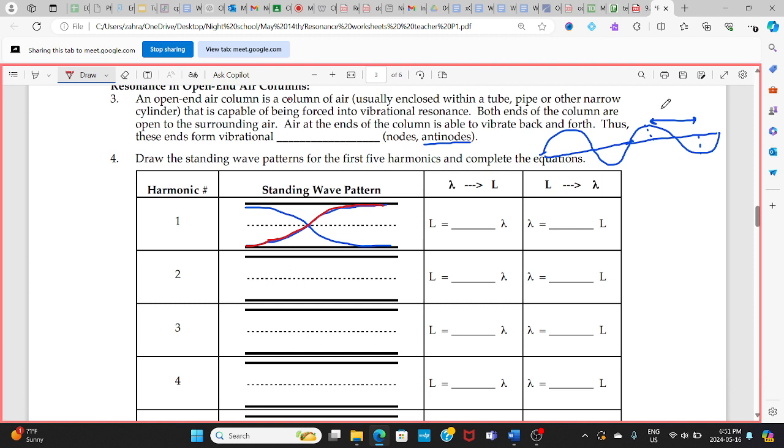How many lambda is there? Half. Half of the lambda, right? Thank you. Now, or you could say that this is a quarter and this is another quarter. It's from the maximum to the node is 1/4, and here another 1/4. The total is going to be 1/2.